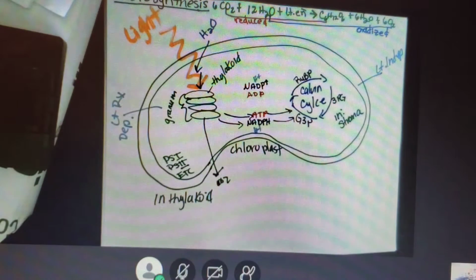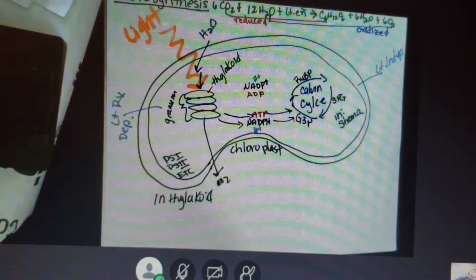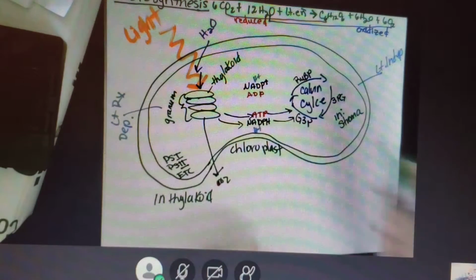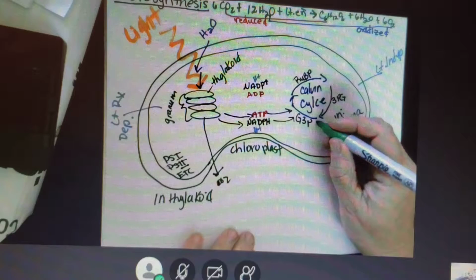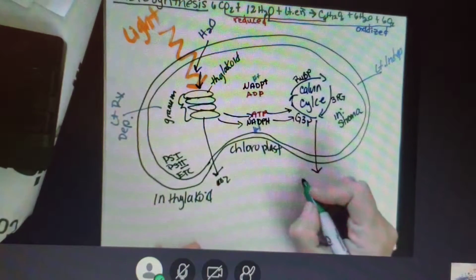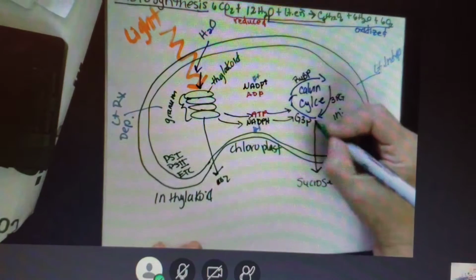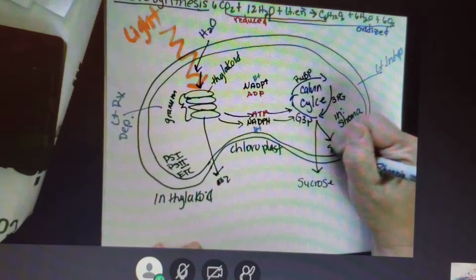Sorry about that. Well, I'm talking about from up here. Our product we're going to make, what is the plant trying to make? What is C6H12O6? Right. And so we're going to turn that into sucrose or starch.